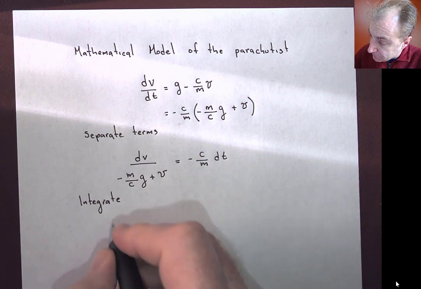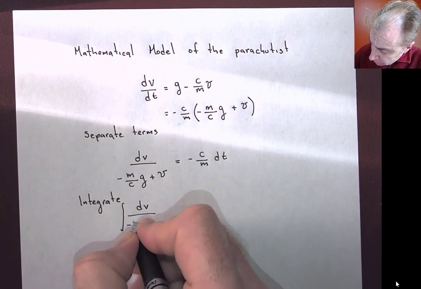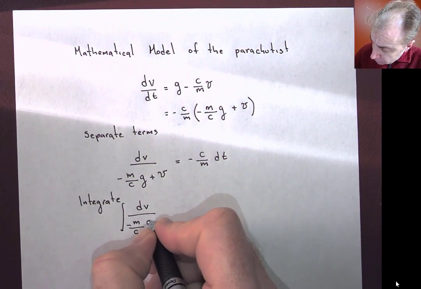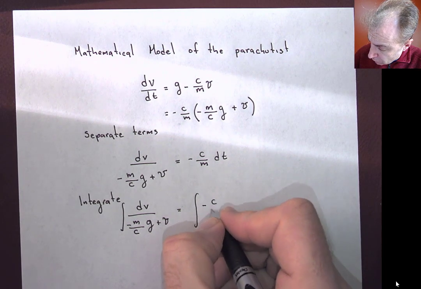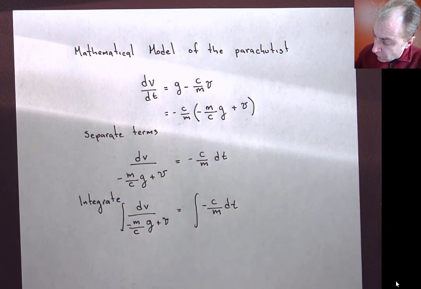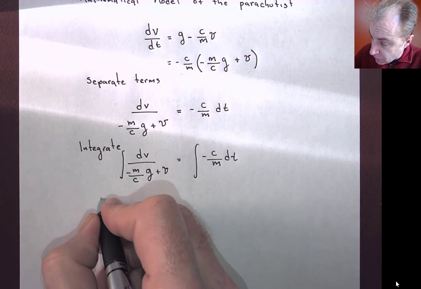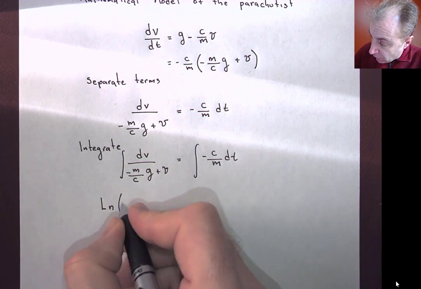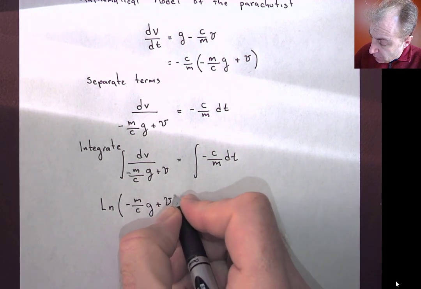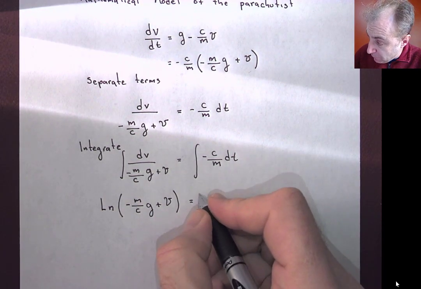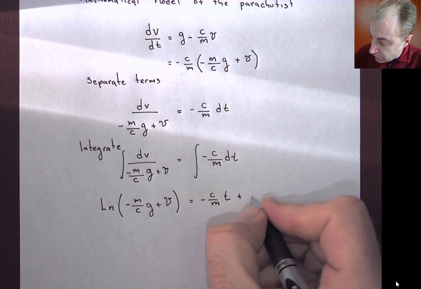So if we integrate, the integration of these will eventually lead to the natural logarithm of minus m over c times g plus v equals minus c over m times t plus a coefficient.